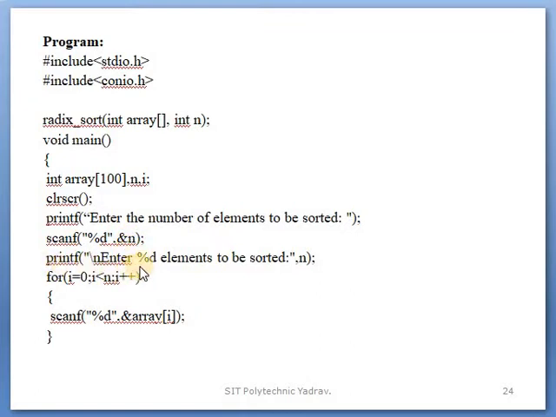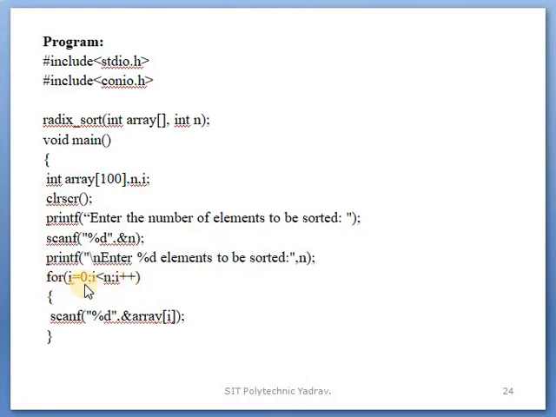After that, printf 'enter %d numbers to be sorted'. In the n variable, for example if the number 6 is given, it is displayed through the %d data specifier, that sentence. In a previous lecture we already used this statement, you already know that. After that, for loop: i is equal to 0, i less than n, i plus plus.